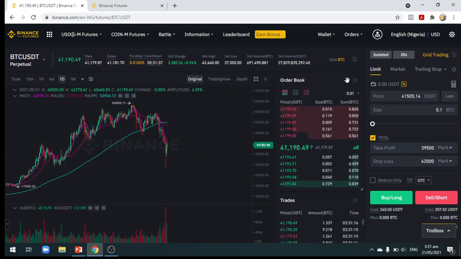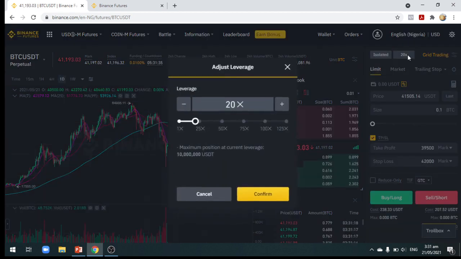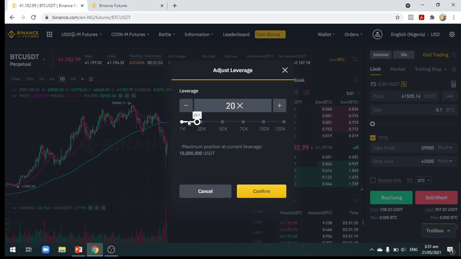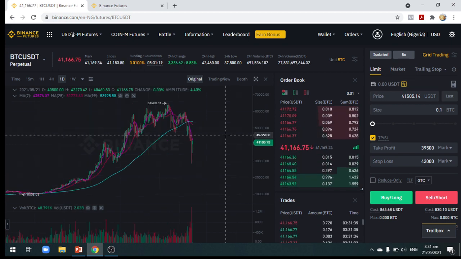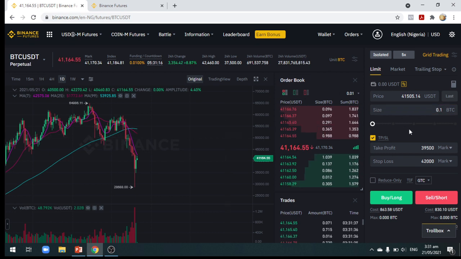And like I said previously, always use a very low leverage level, so that you do not get liquidated easily and you're able to make profit. Or you can even stop your loss quite easily when you use a low level of leverage. So basically that is how to trade on futures.